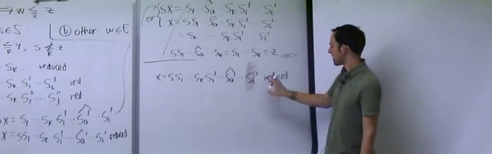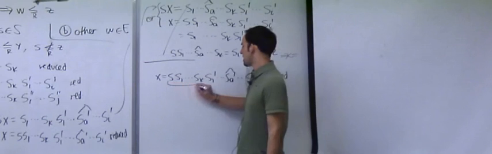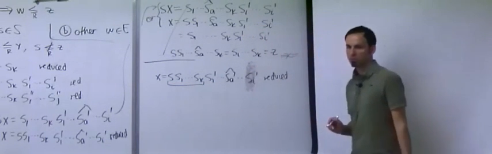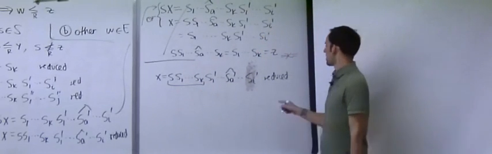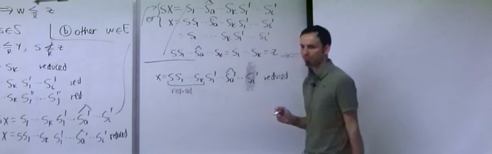We saw that this can't happen, right? So this is a reduced expression. Now, what that means is that I can't reduce it at all, and that means that this thing right here is also reduced. Because if this were reducible, then I would be able to reduce x also. So if this long word is reduced, that means that this shorter word is also reduced.